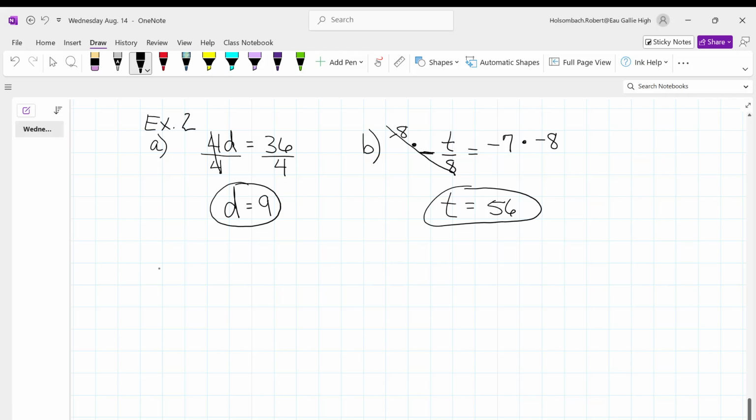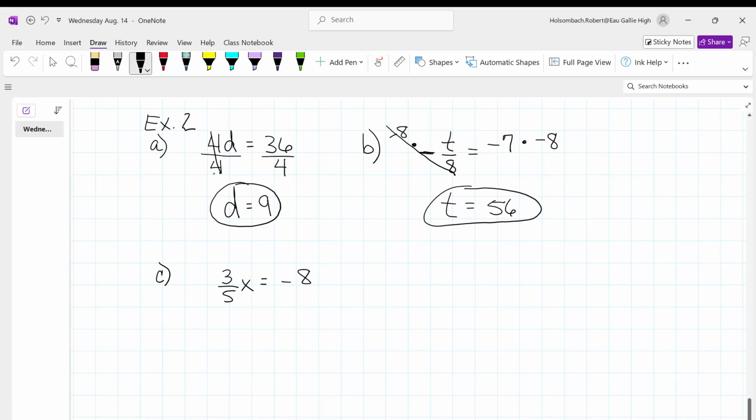Example 2c. 3/5 x equal to negative 8. There's two ways you can do this problem. I'm going to show you both ways. What we have right now is 3/5 times x equal to negative 8. Well, up here we had 4 times d equal to 36, and we divided by 4.